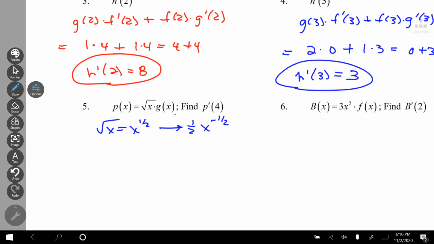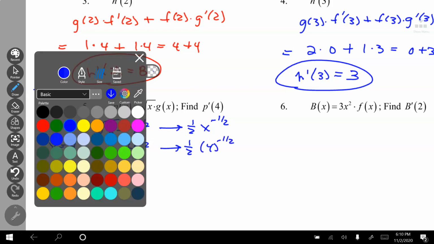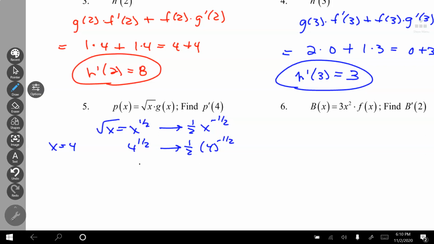Once I set that up, I could use x equals 4, and I get 4 to the half is 2, and 1/2 times 4 to the negative 1/2, and I do this all right. This is 2, and this is really a half times a half, so I get a fourth.